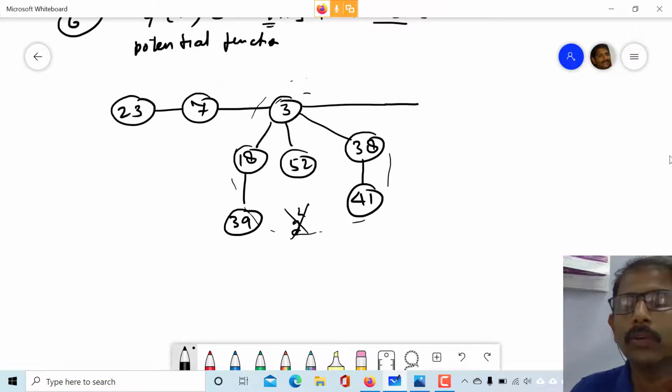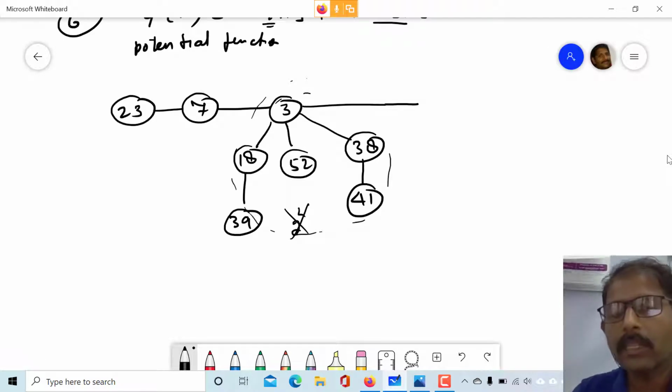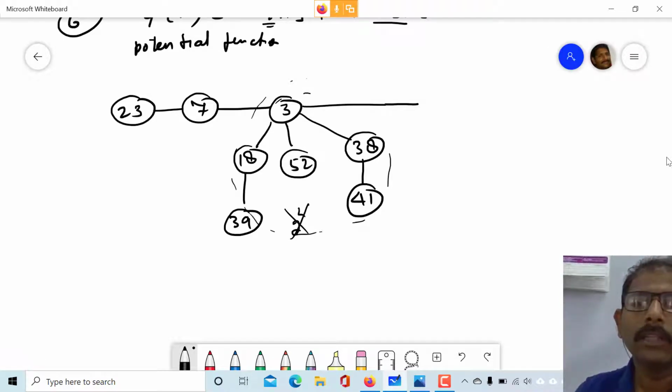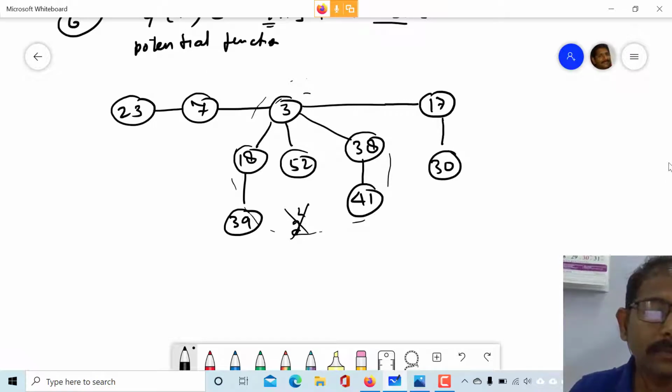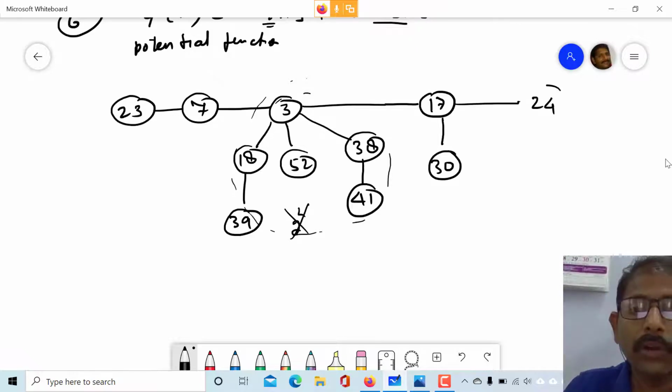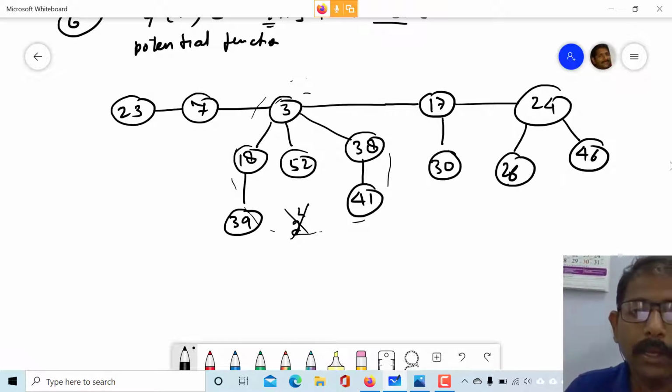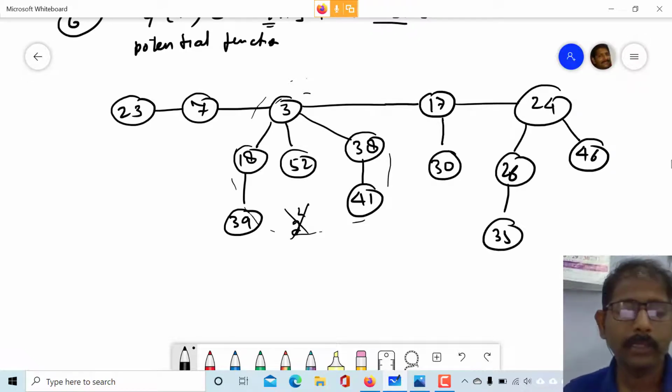It was necessary in the case of binomial heap, but not in this case because it is Fibonacci heap. And here it is 17, and suppose its degree is 1 because 30 is its child. 24 is the next node, and suppose its degree is 2, and 46 is one child, 26 and 35 are the other children.